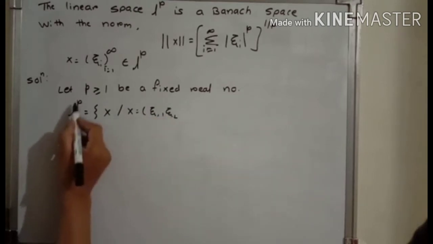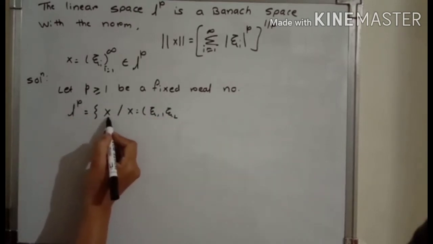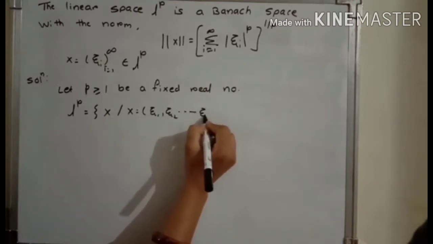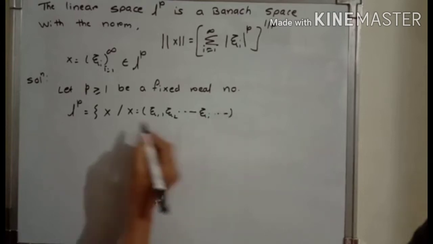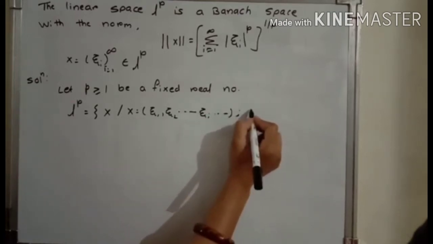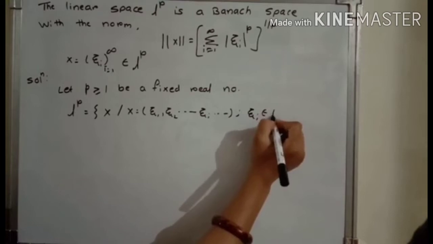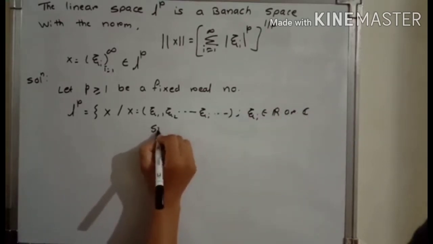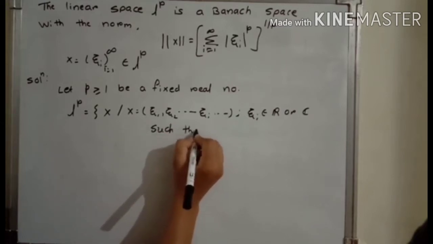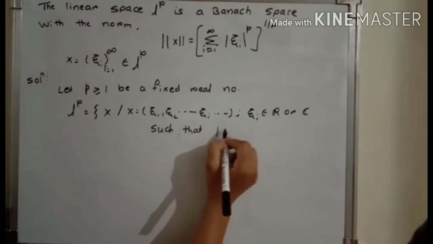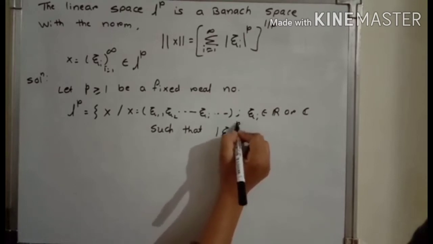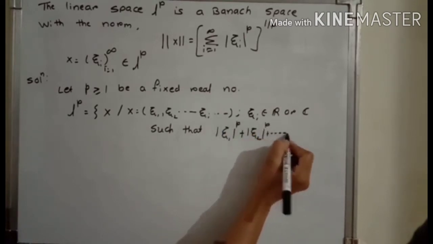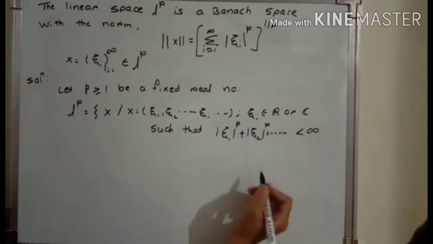That is, ℓp space equals the set of all x such that x is a sequence, its ith element is ξi, that is an infinite sequence of numbers, ξi belongs to R or C, such that |ξ1|^p + |ξ2|^p + ... + |ξn|^p + ... is less than infinity.